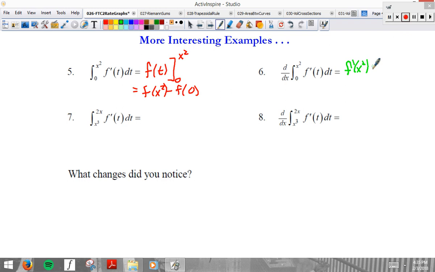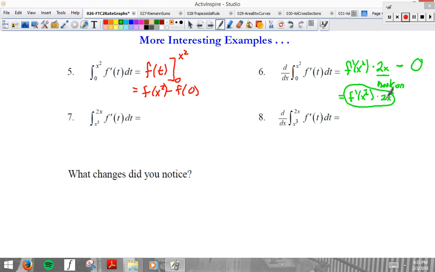This is the chain rule, times 2x, which is what we would have called a hook on back in chapter 3. Minus, and again, the derivative of f of 0 would just be 0. So we're just getting my chain rule type answer, f prime of x squared times 2x.